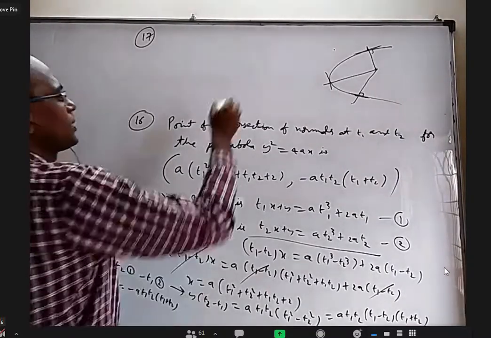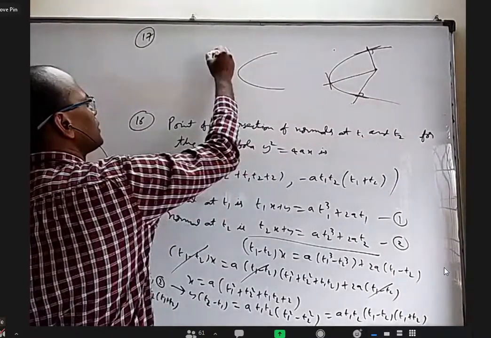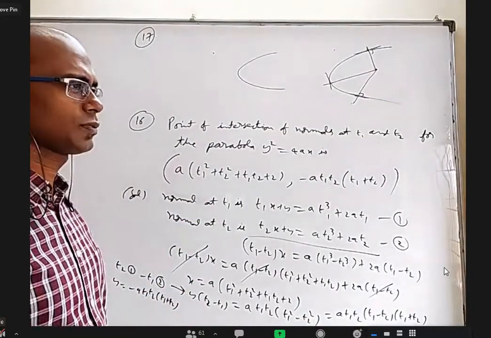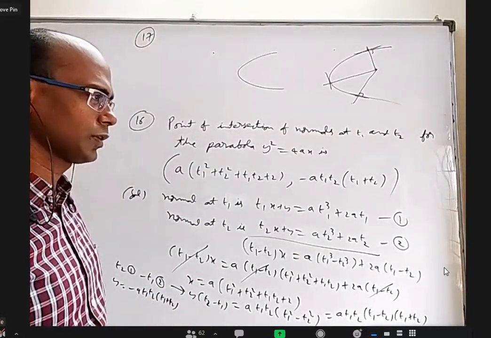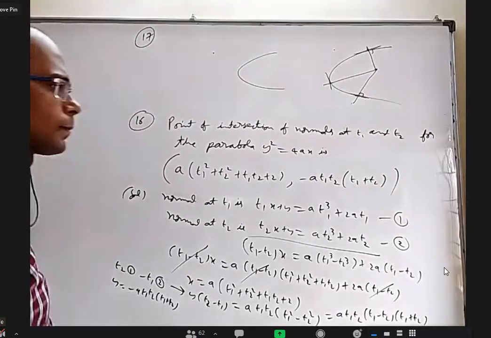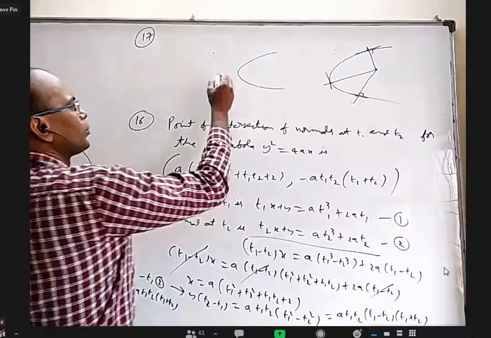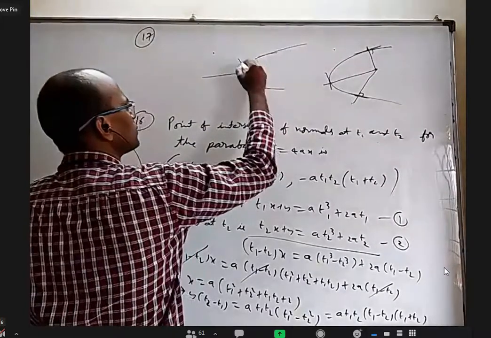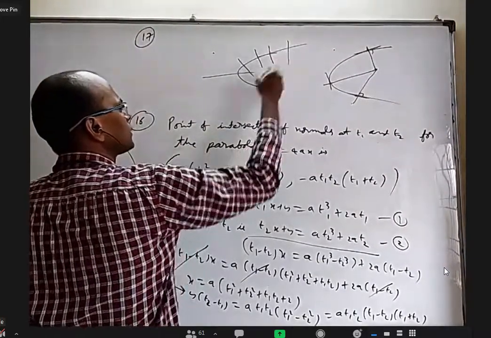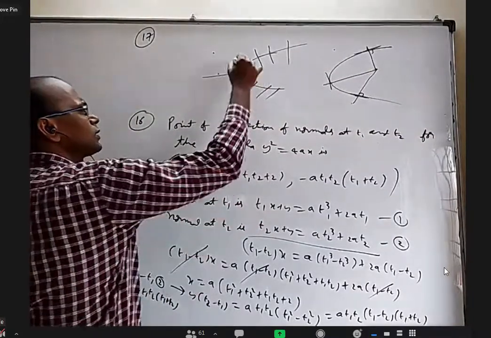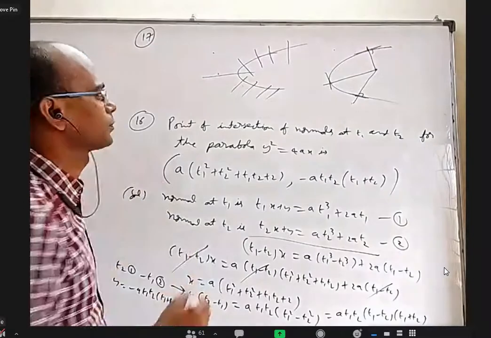Maybe if you take a point outside the parabola, I doubt only one normal will be there. May not be. Sometimes 2 normals are possible even for an outside point. Sir, for outside only one? I think for outside every time only 1? No, not necessary. I'll show you.